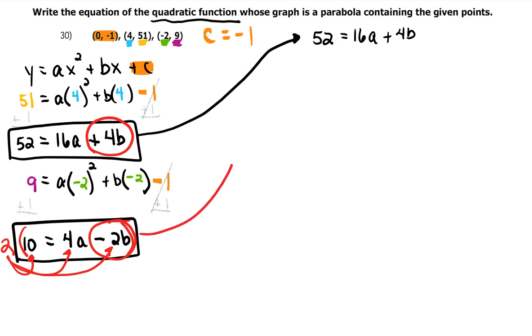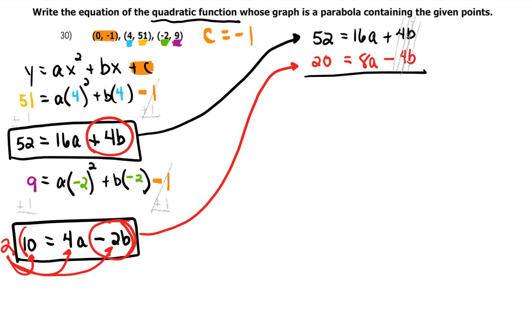That's going to make this 20 equals 8a and -4b. And now you can see those eliminate.